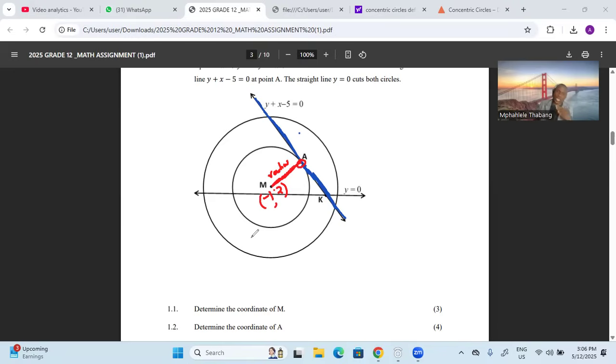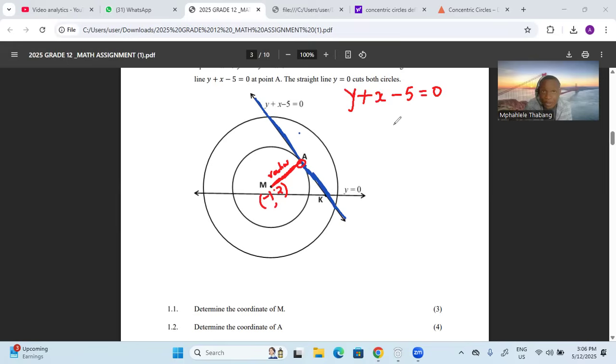So I'm going to take the equation of MA and equate it to the equation of tangent, seeing A as the point of intersection. So we know that the equation of tangent is y plus x minus 5 equals 0. So what is the equation of the radius? What is the equation of the line from M to A?